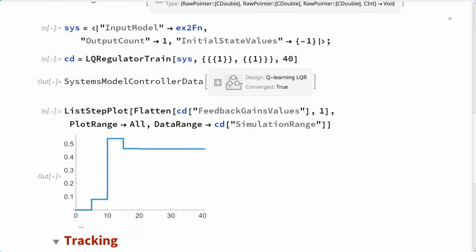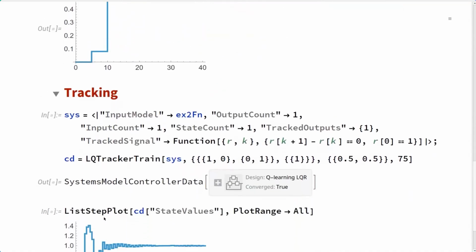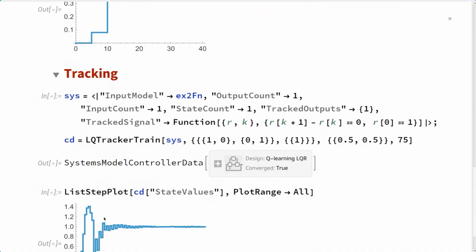The other example I'm showing here is with tracking. I did not go fully behind the theory, but it is almost similar to the regulator problem, except that the states are not just the states of the plant or the environment. The states also come from this track signal, so it augments them.